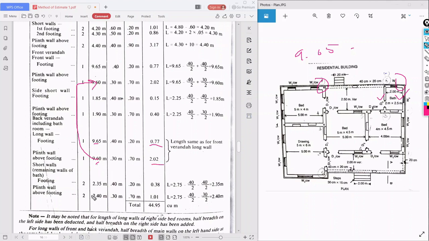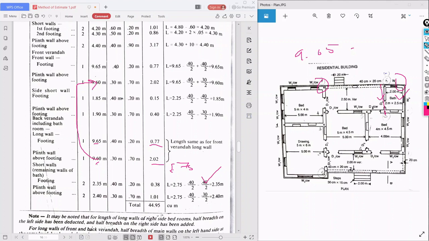For short walls, see here, for short walls, so footing is what? So there are two short walls, and the center to center length is 2.75. Same, first we have to do minus 40 by 2, minus 40 by 2. Next, minus 40 by 2, minus 30 by 2. Okay, same. Just you have to go with the concept, you will get the values, the length.